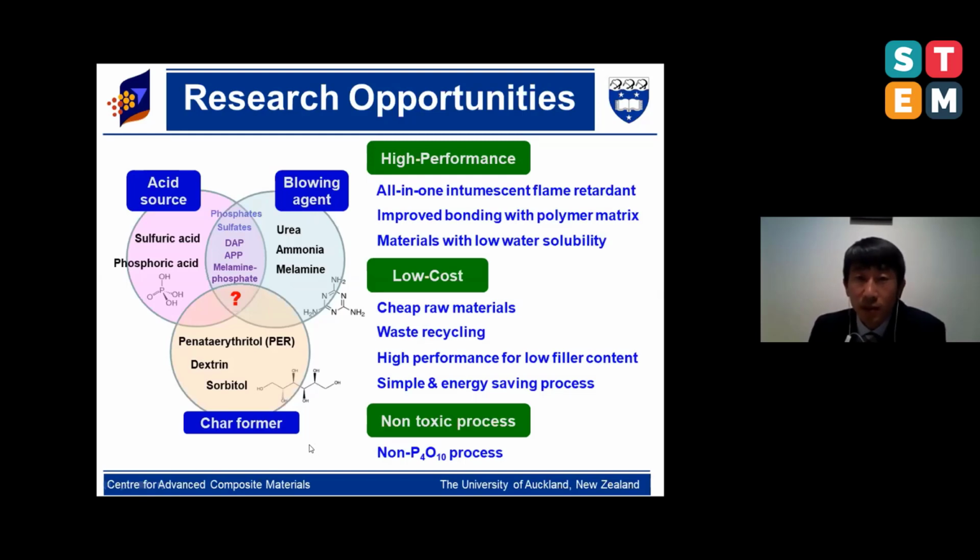When we expose it to flame, the flame retardant makes a carbonaceous liquid. After that, the gas source expands the liquid. During that time, the acid source acts as a catalyst, so it can make a carbonaceous char. So in our experiment, high performance and a low cost, non-toxic process were the focus.